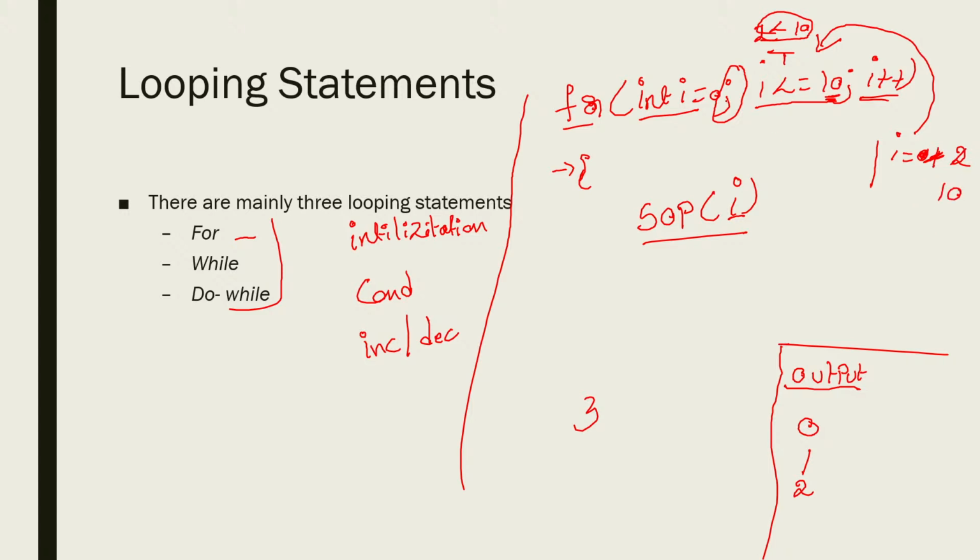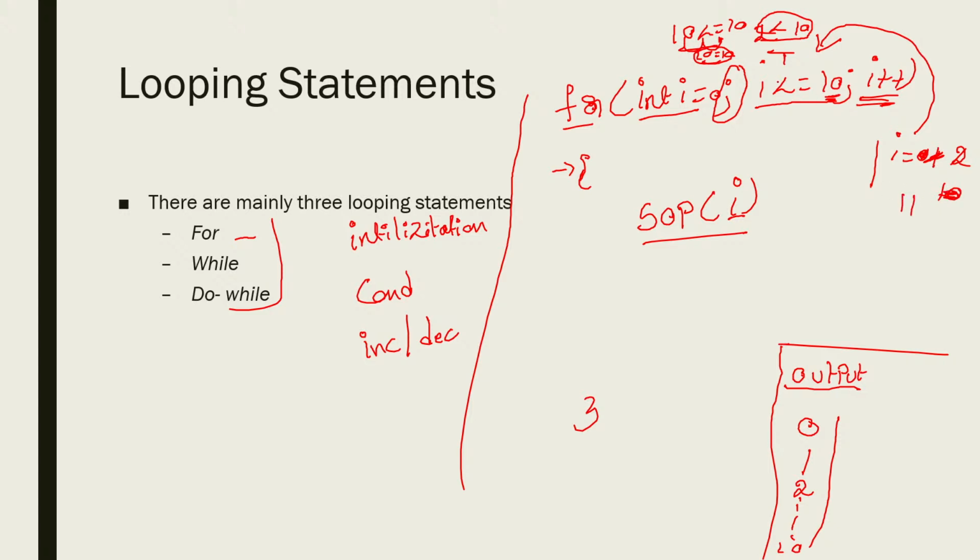When i becomes 10, it will check 10 less than or equal to 10. Yeah, it is not less than, but it is equal to 10, right? So 10 equal to 10. Again, condition satisfied. It will print 10. After printing 10, now I go to increment, increase again. i plus plus. i will become 11.